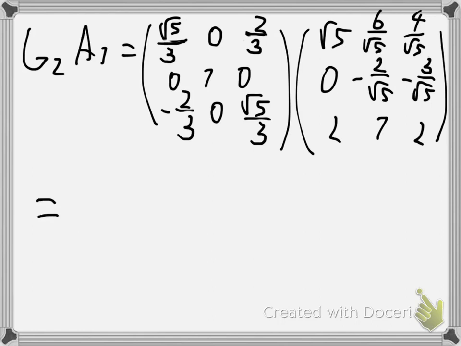And so if we multiply that, we should get 9 over 3, okay, or just 3, 0, and here we should get 0.